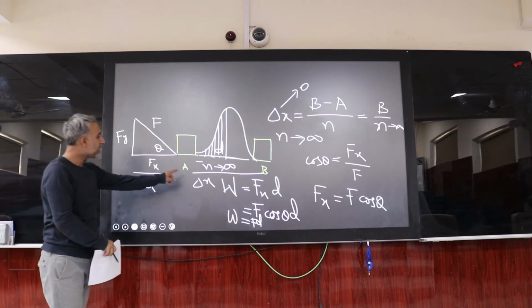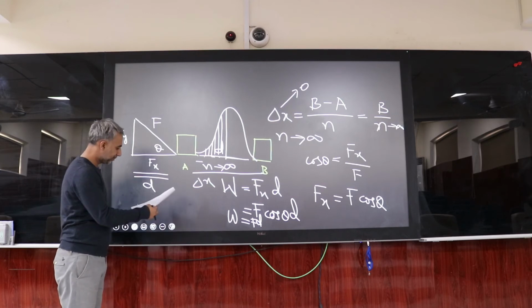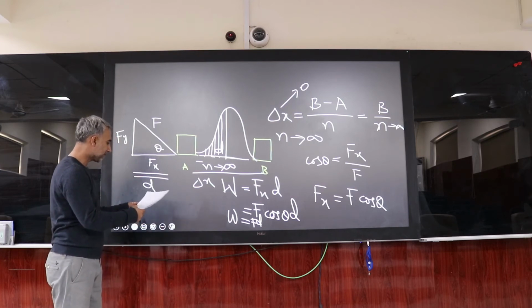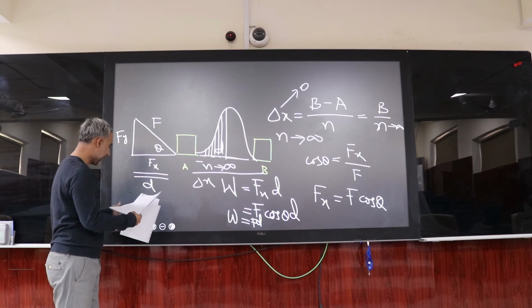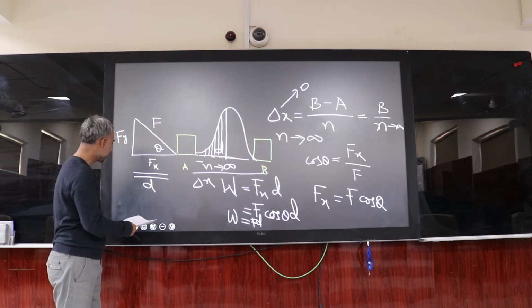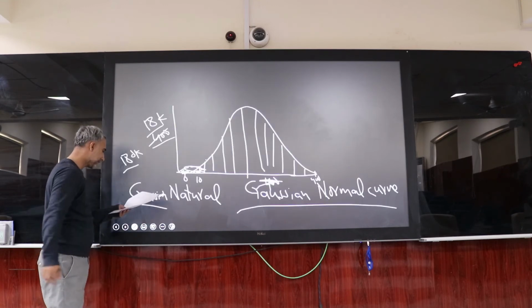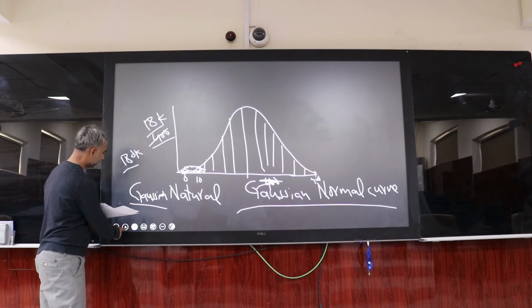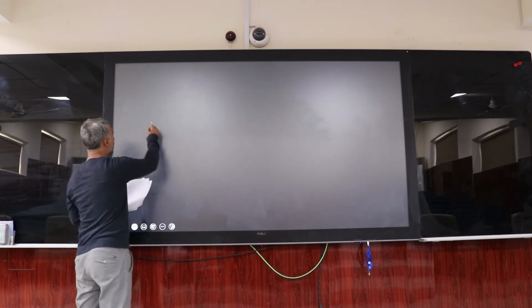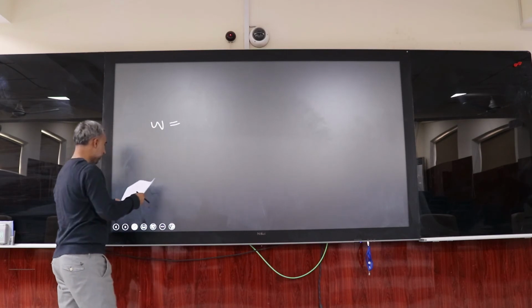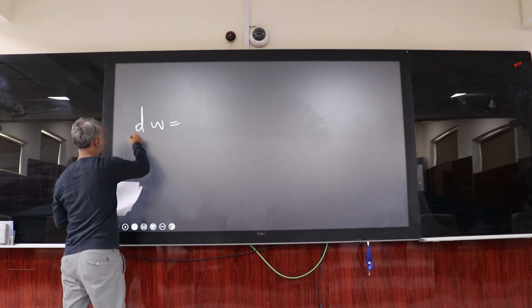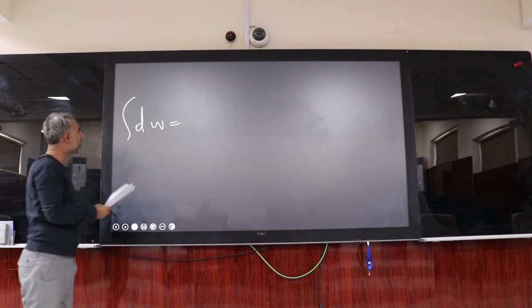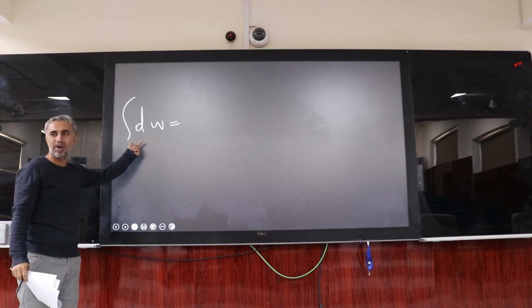So now this concept of the work done: you will partition it, and technically you will get work. Basically, this is the change in work, or you want to determine the overall work.